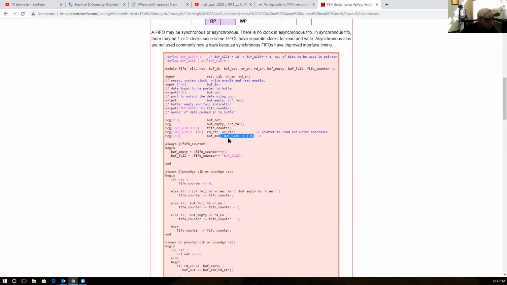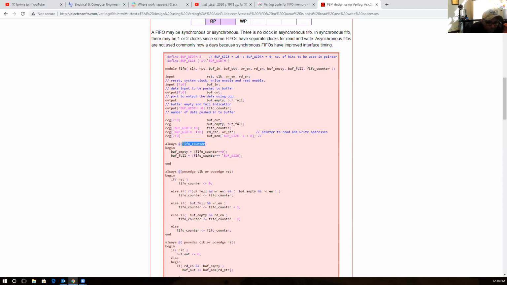Now, look at this, which is basically what I said. I mean the size of every single row inside the memory is 8-bit. The depth is 16, but every single row is 8. That makes sense?